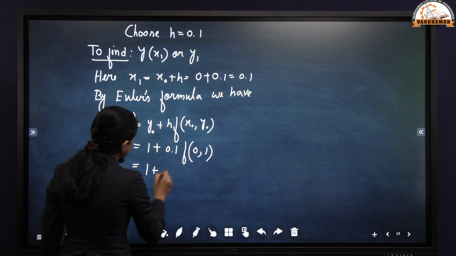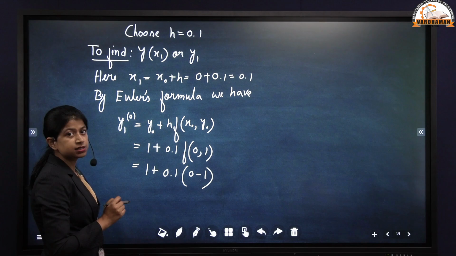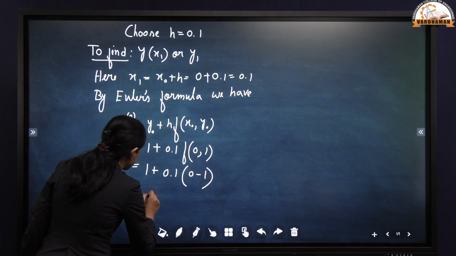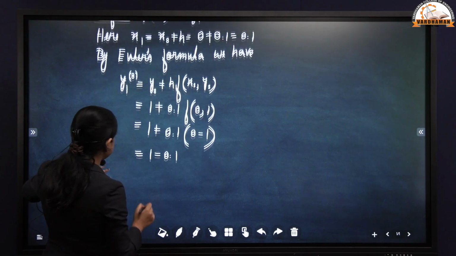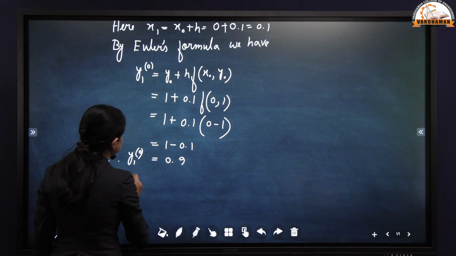So 1 plus 0.1 times 0 minus 1, because f of x comma y is x minus y. So we get 1 minus 0.1, which is equal to 0.9. Therefore y1 0 is 0.9.